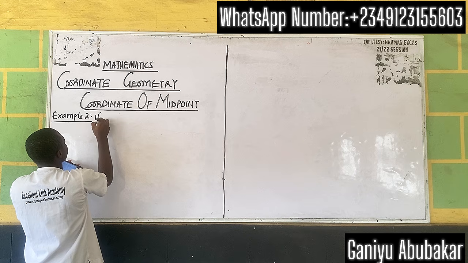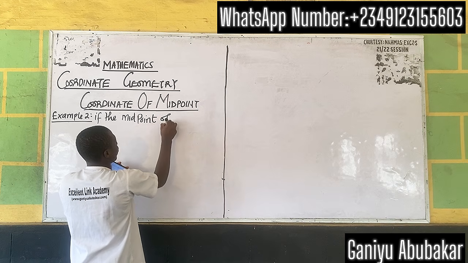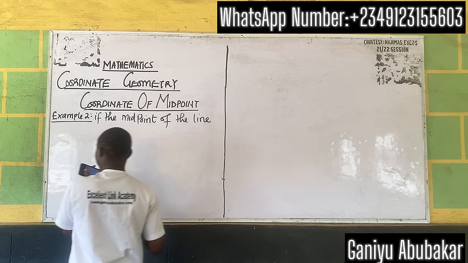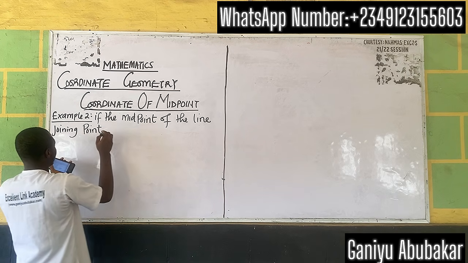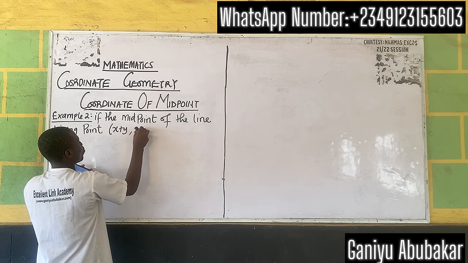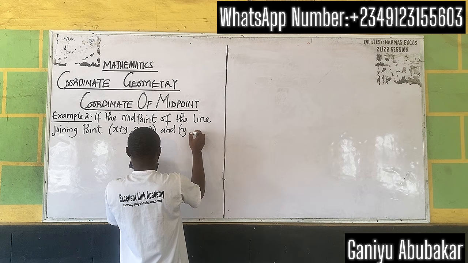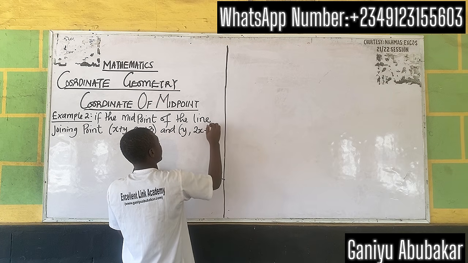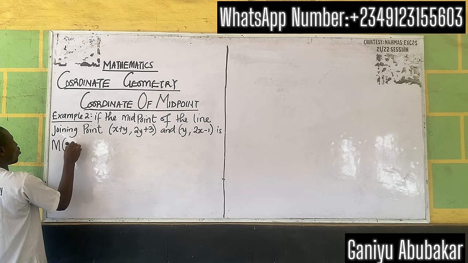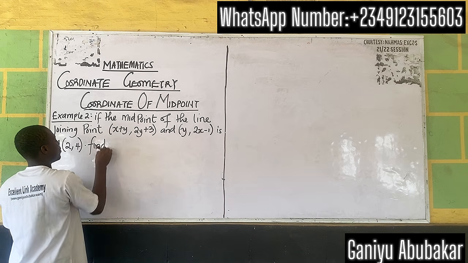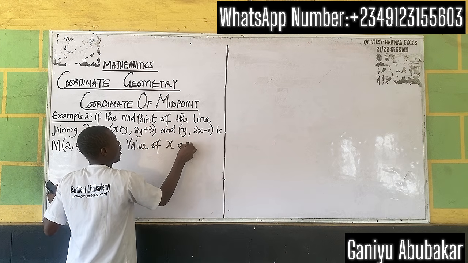It says if the midpoint of the line joining point x plus y, comma 2y plus 3 and y, comma 2x minus 1, right, is the midpoint, that's 2 comma 4. It says find the value of x and y.